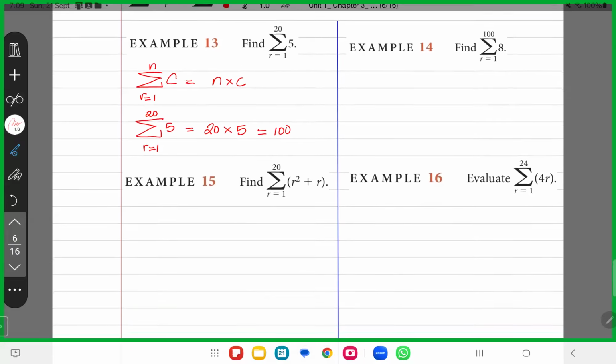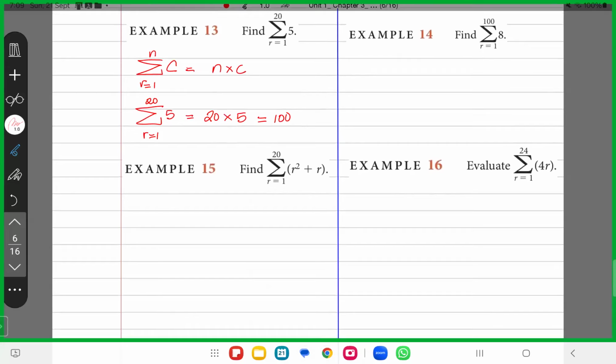Let's have a look at example 15. In example 15, we're asked to find the sum of R squared plus R. So in other words, that's two sequences in R, from R equals 1 to R equals 20.